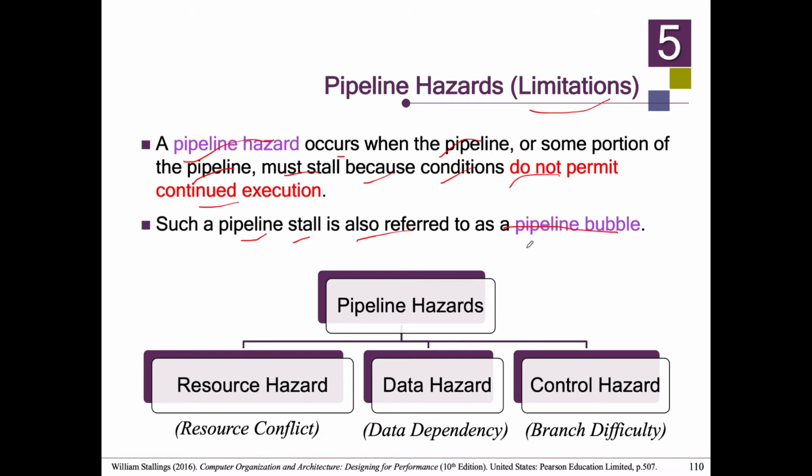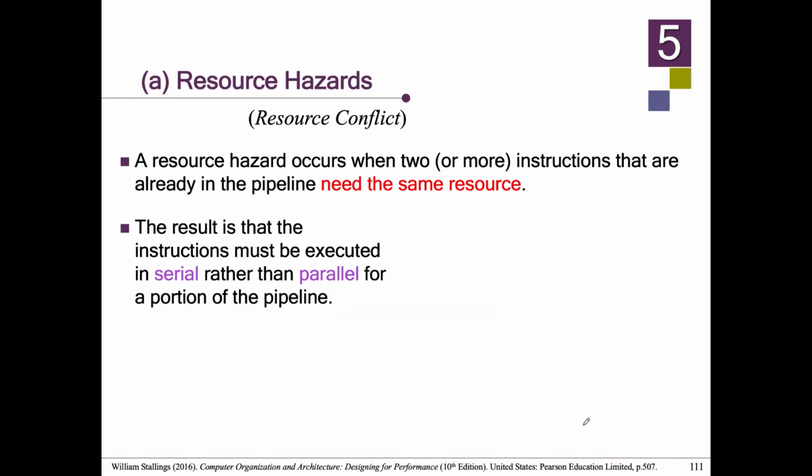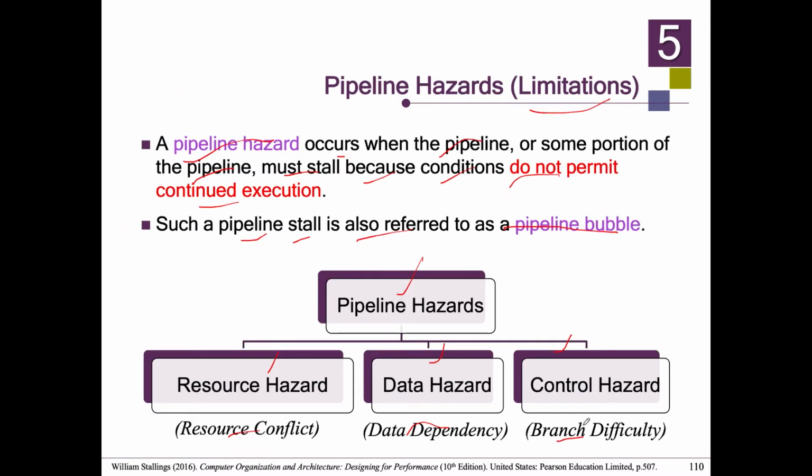You can divide pipeline hazards into 3 categories, which are resource hazard, data hazard, and also control hazard. You have a resource conflict, data dependency, and branch difficulty. So now we're going to look into them one by one, from resource hazard, data hazard, and lastly control hazard.